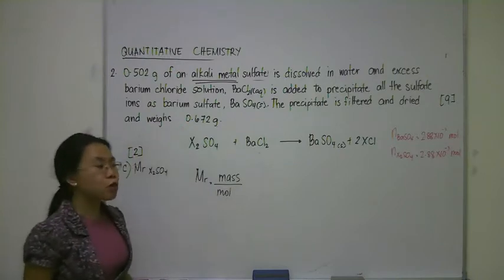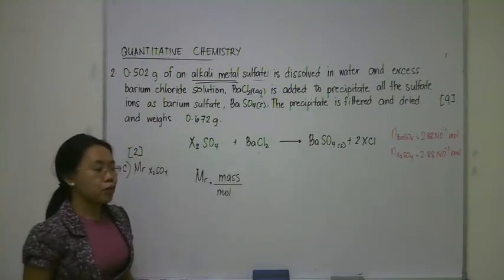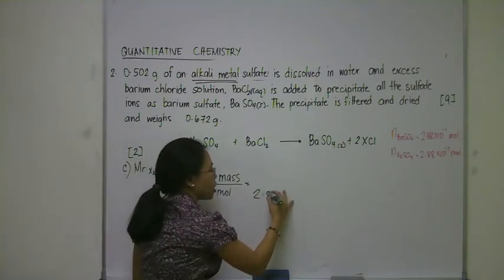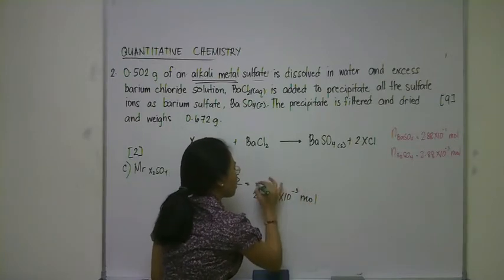From the previous question, we found the moles of alkali metal sulfate, which is 2.88 times 10 to the negative 3 moles.